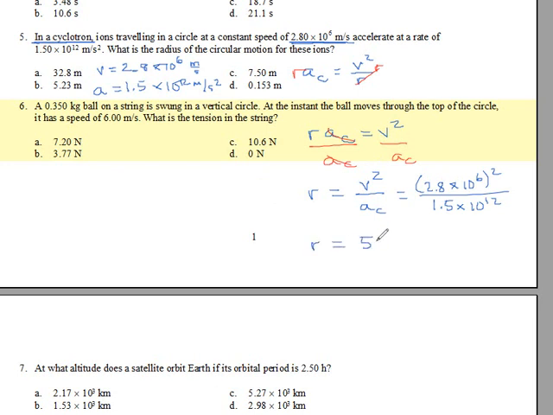I get the radius of 5. Everything has 3 sig digs, so 5.23 would be my rounded number. 5.23, and it's a radius, so it's measured in meters. It's the length of our path. Or the radius of our path, sorry.